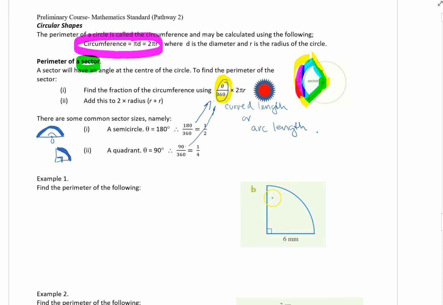Yeah, I think we've got time to do this example. So its perimeter, you can see I'm going to start here. I've got an arc length, I've got a radius, and I've got another radius. So I'm going to write that. Perimeter is the arc length plus 2 times the radius, because I know that r plus r is 2 times r. How do I get the arc length? Well, I can see this is one of the special cases.